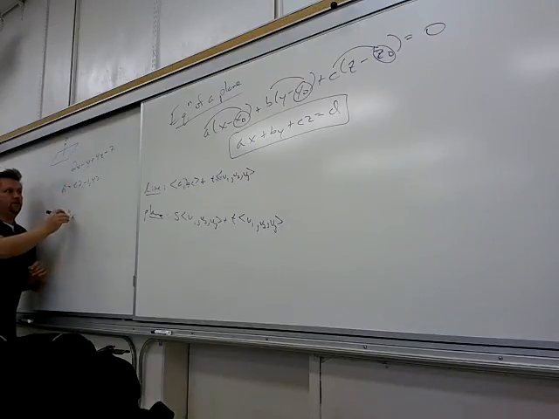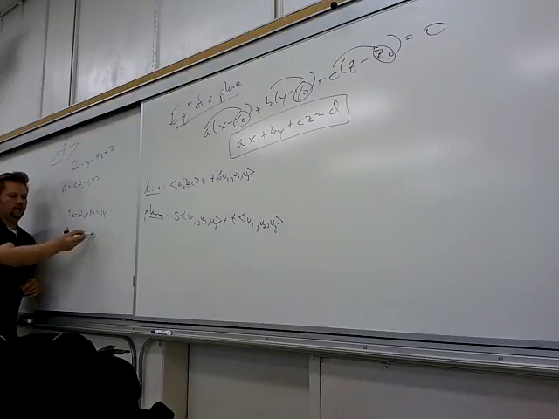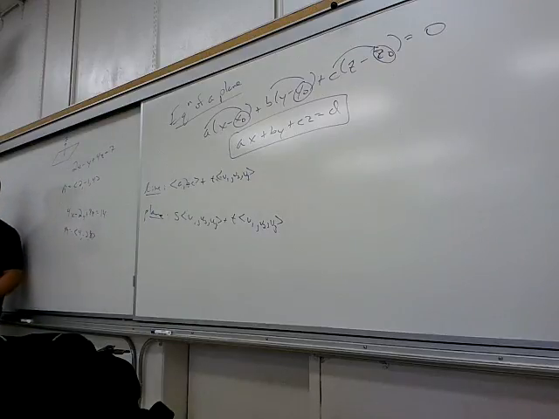But what about the plane 4x minus 2y plus 8z equals 14? What's the normal vector? Right? Now, of course, this is a multiple of this because this is a multiple of that. You guys with me? So these are really the same plane.